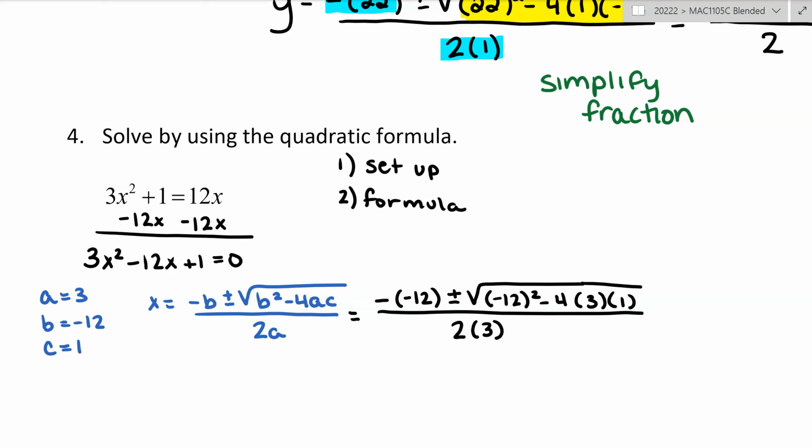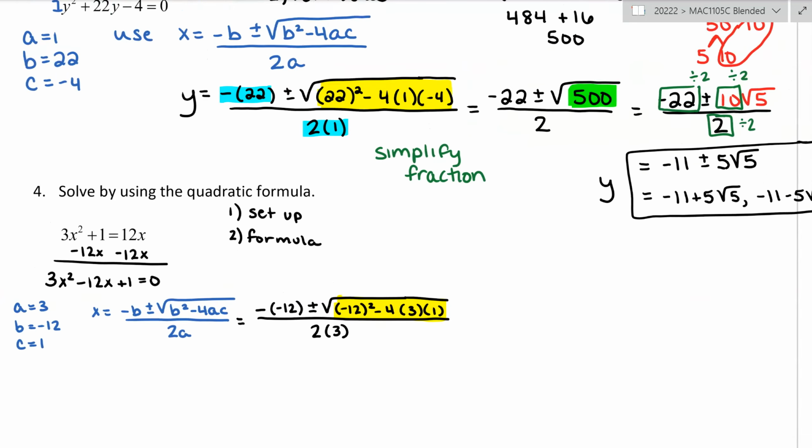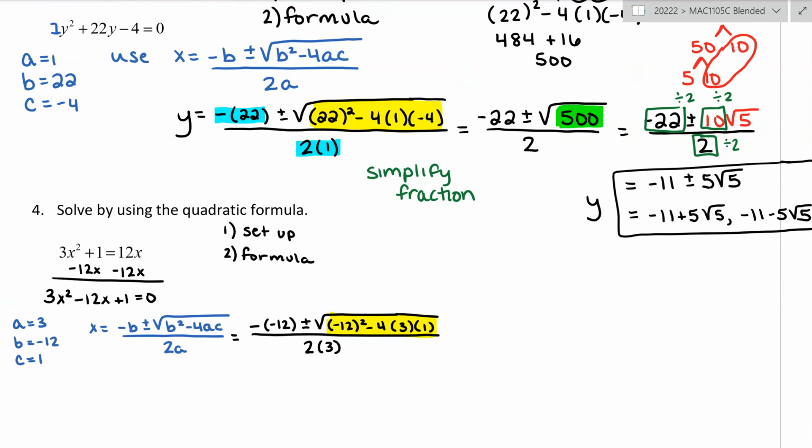Okay, let's start with that hard part under the radical here. So I've got negative 12 squared minus 4 times 3 times 1. So negative 12 squared, now think about that, that's negative 12 times negative 12.